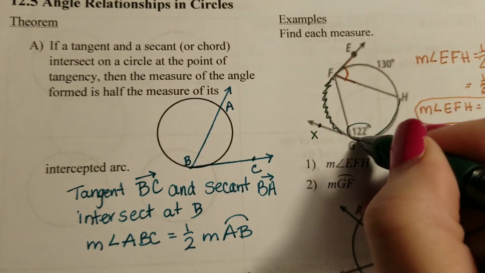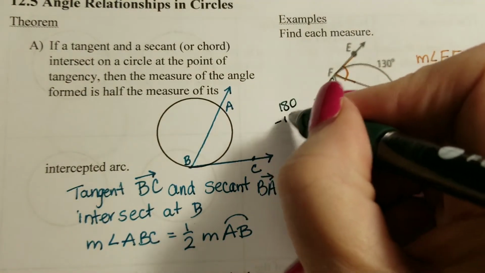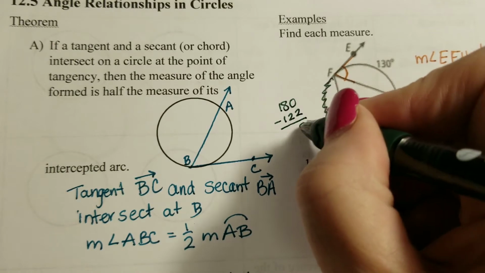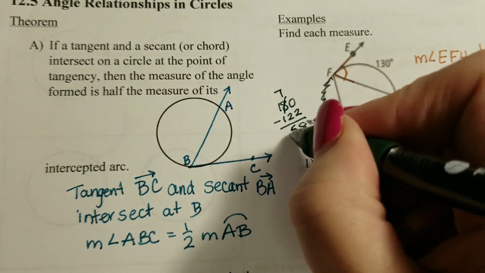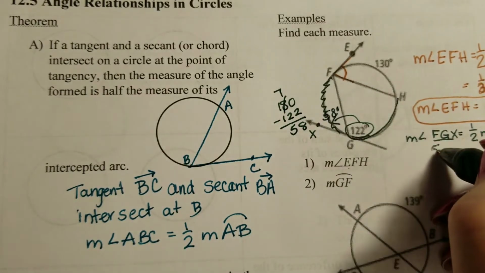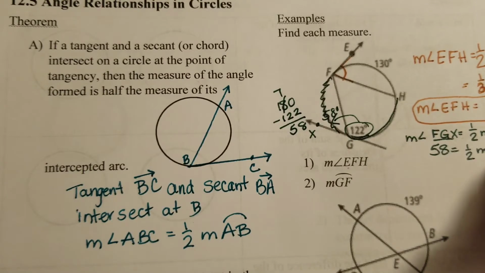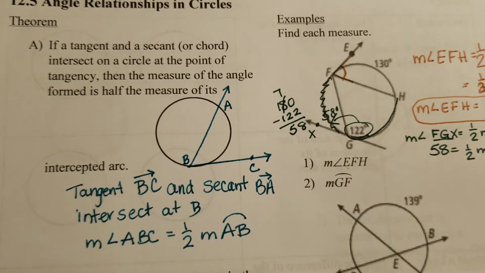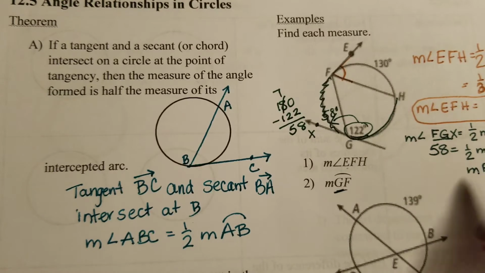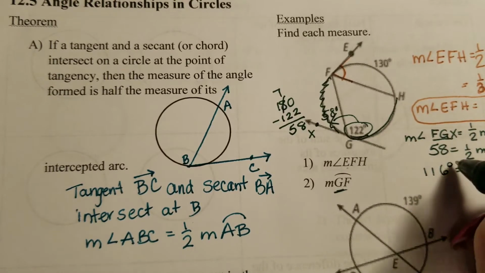I know this one, that's supplementary, so 180 minus 122 is going to be 58. So this is 58 degrees. So 58 is 1/2 of the measure of FG, or GF. If I multiply each side by 2, then I'm going to find that the measure of FG, or GF as I wrote it here, is equal to 116.